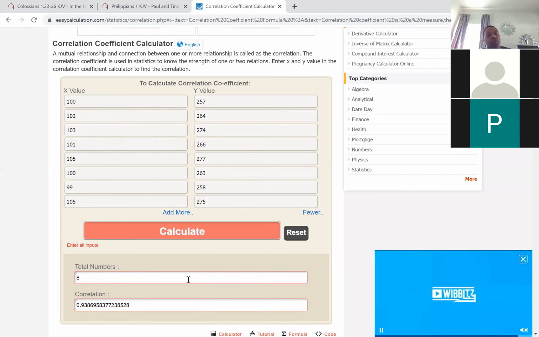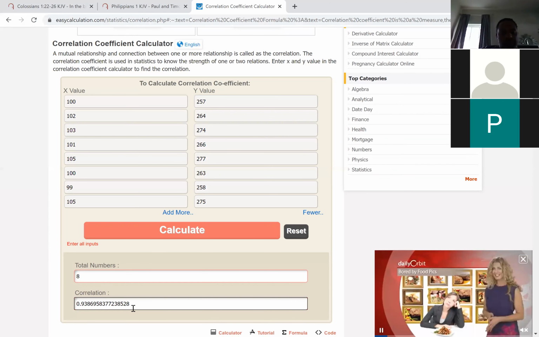All right, so that's your correlation coefficient, and MyMathLab will let you know how many decimal places you need.